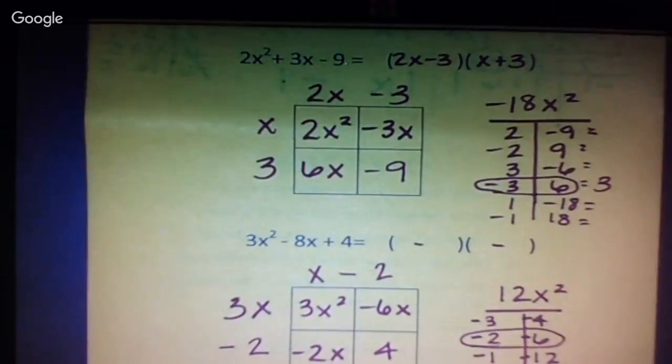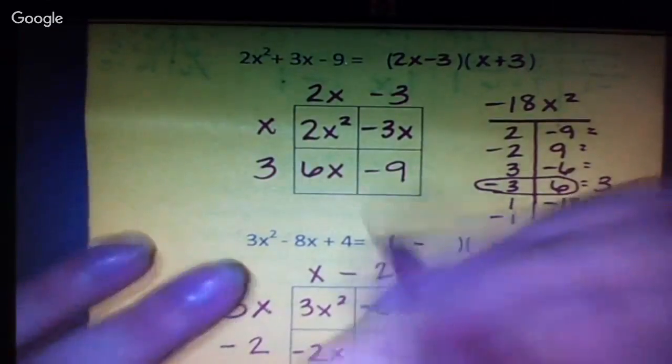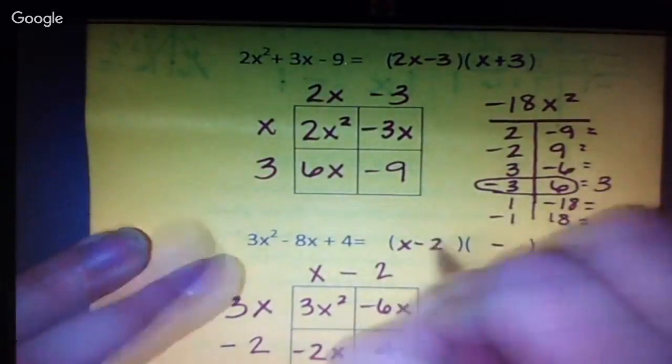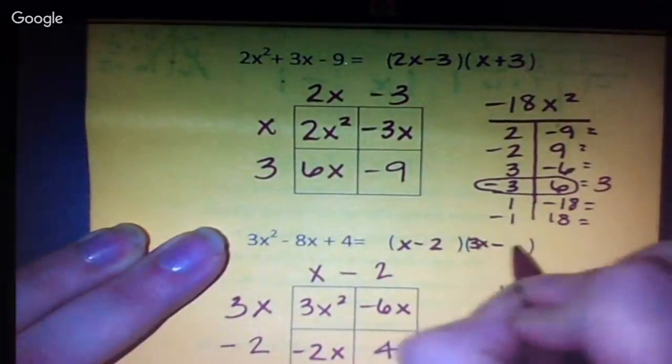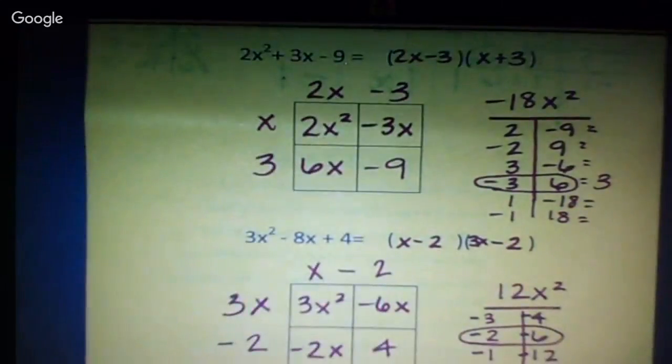So my final factors here are x minus 2 and 3x minus 2. So you have 3x minus 2 times x minus 2. Same thing. That does not change it.